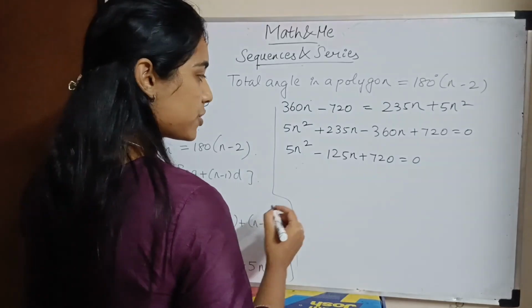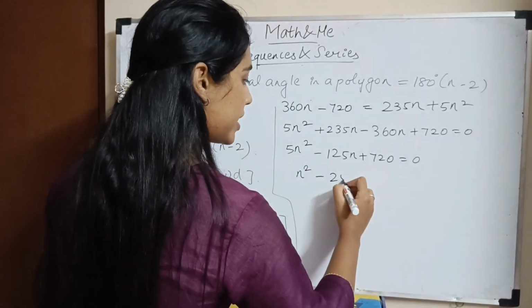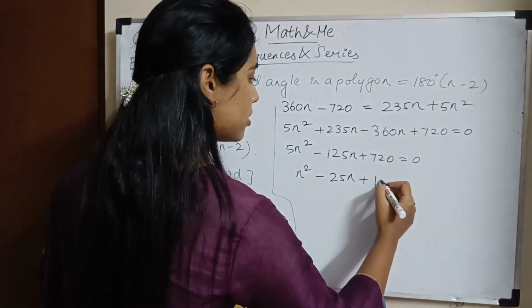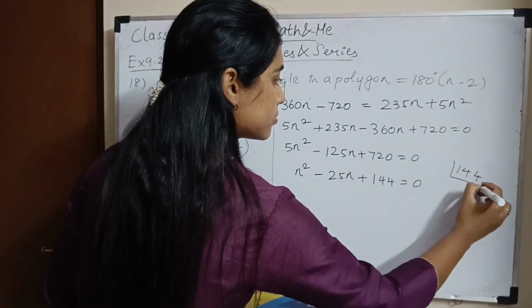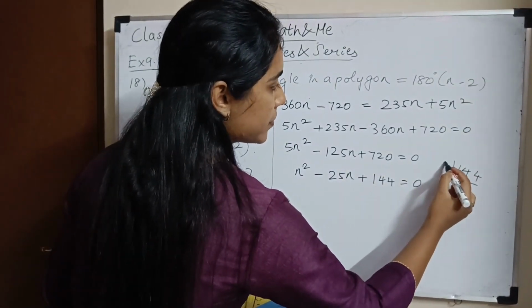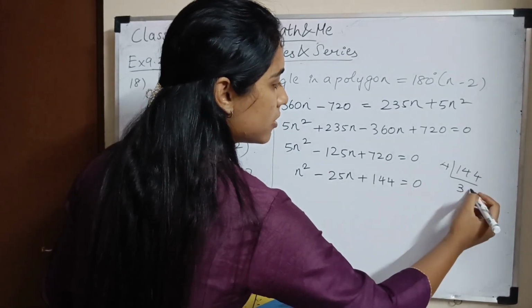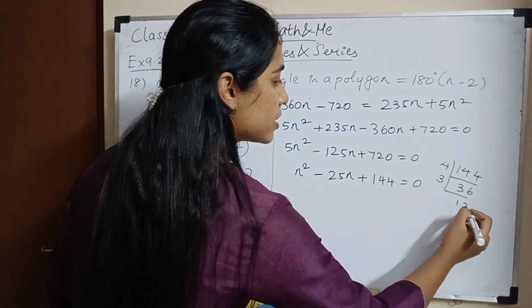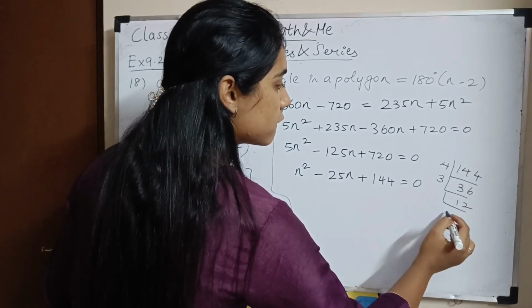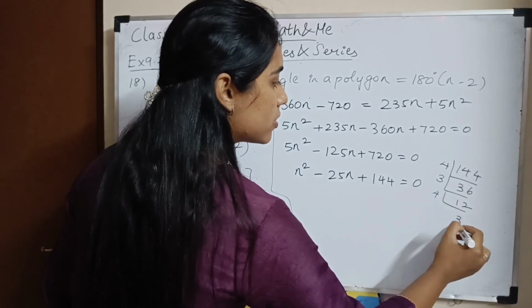So when I divide the whole equation by 5, what do I have? n square minus 25n plus 144 equals 0. Divided by 4, 4 3s are 12, 4 6s are 24. I have 3 12s are 36, 4 3s are 12.